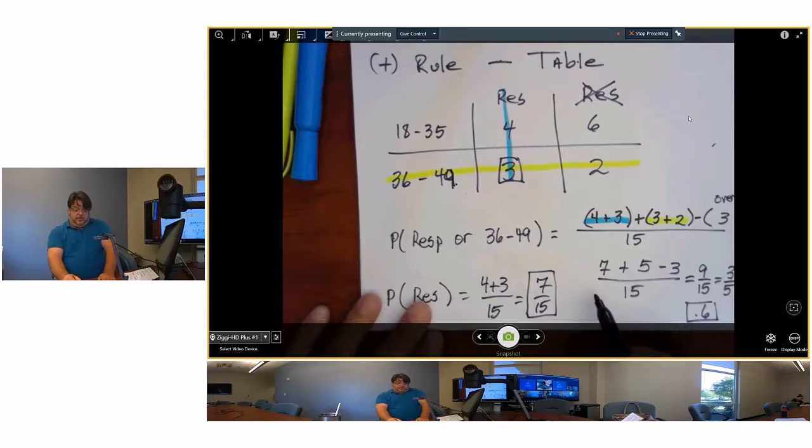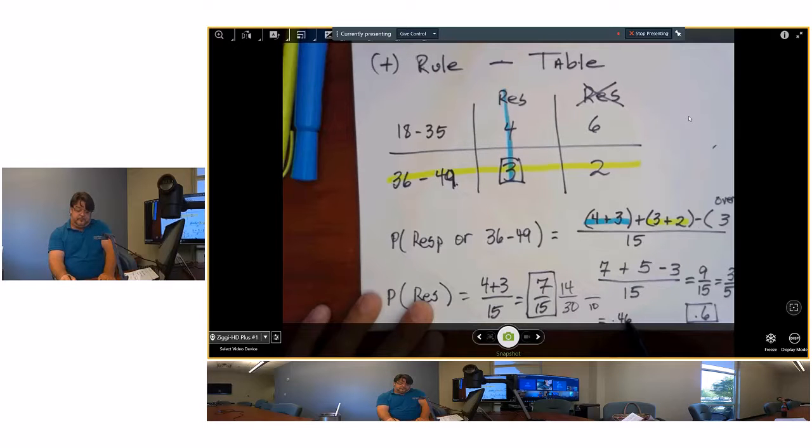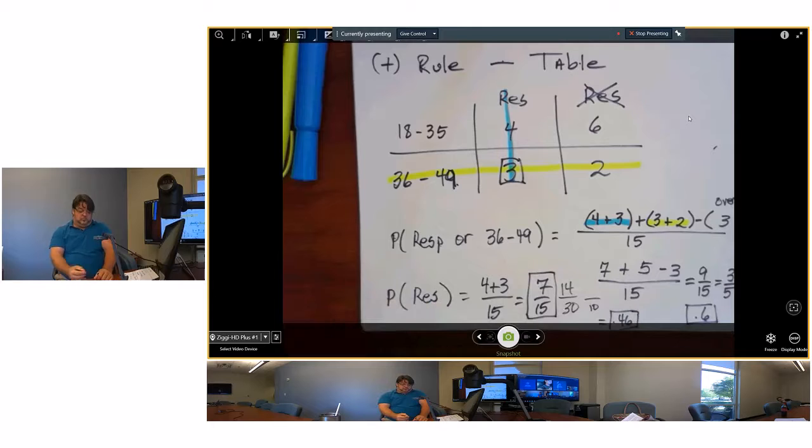Which would be 30, 14 divided by 10. Divided by 3 would be over 10. 3 into 14 would be 4.6, be 0.46. So we can go ahead and divide it out.